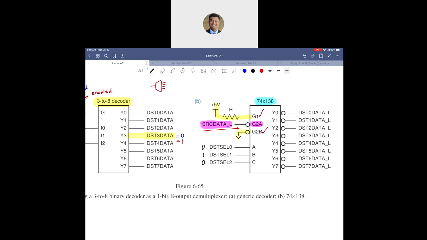All the outputs are active low outputs, destination 0 data underscore L all the way down to destination 7 data underscore L. So I'm going to start with this. If source data underscore L is 0, what is going to happen to the outputs?